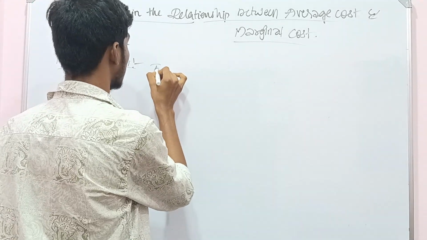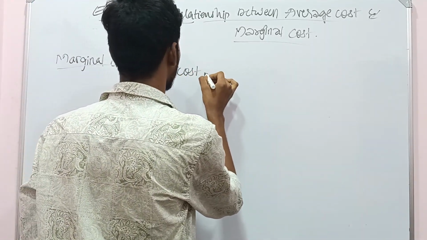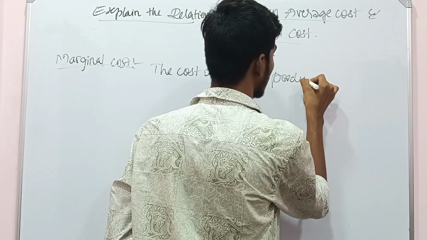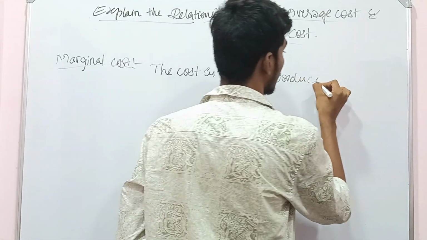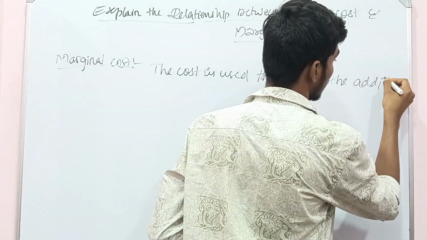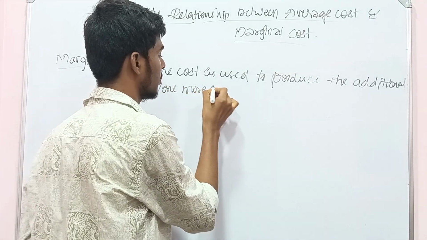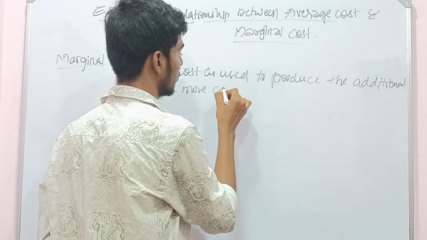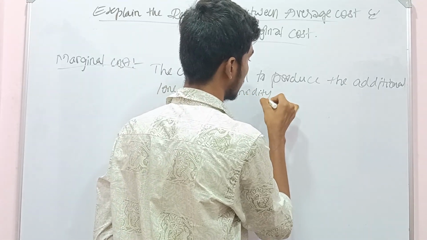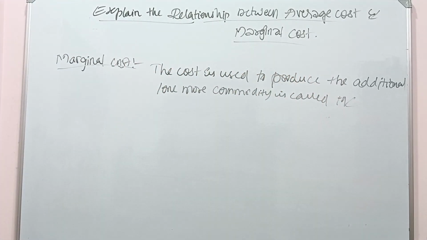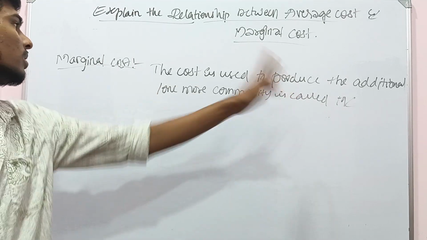The cost used to produce the additional or one more commodity is called as marginal cost.